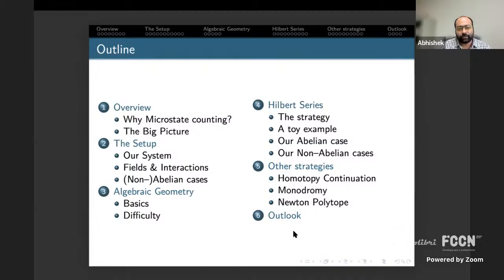And then we'll directly move on to this intersecting d-brane system that we have, and Lagrangians and the fields on this system, and the supersymmetric ground states of this system, which basically will connect with microstates of the black hole. And the main essential point is to count the number of supersymmetric ground states.